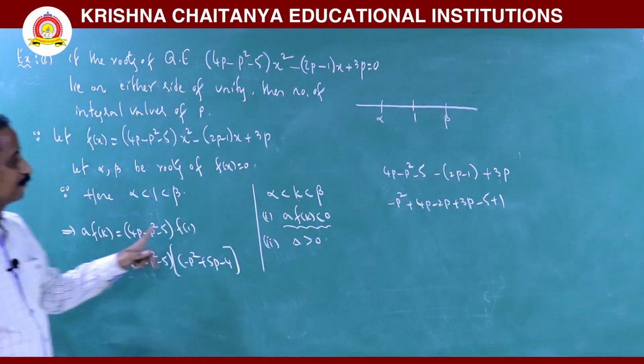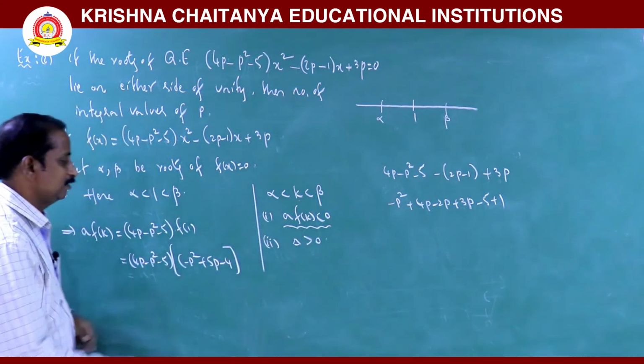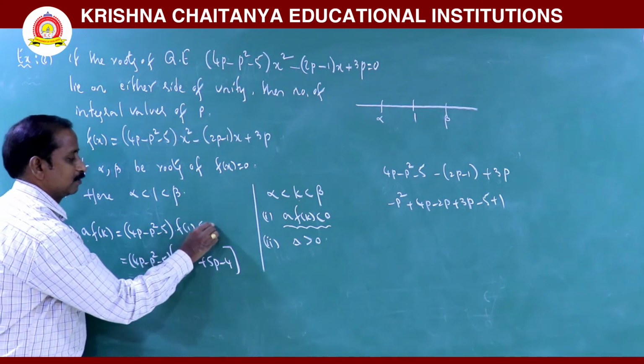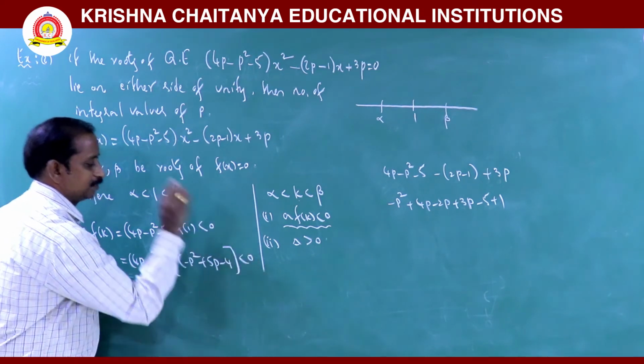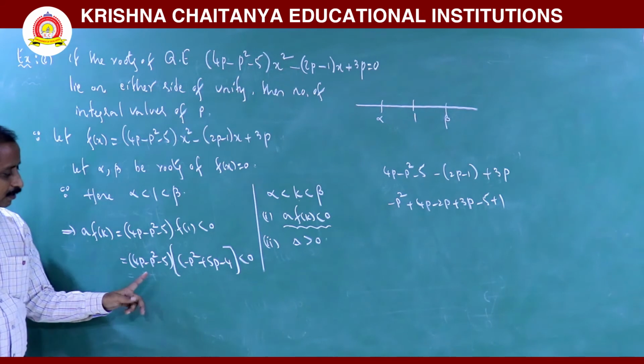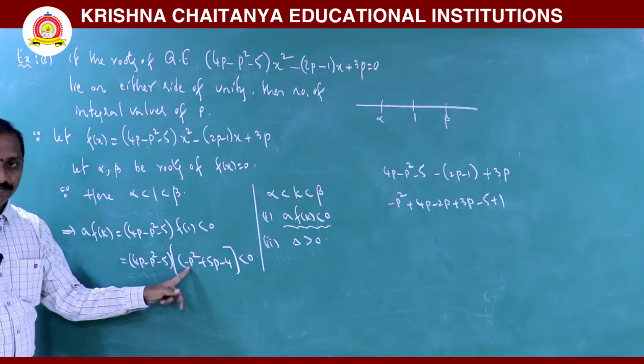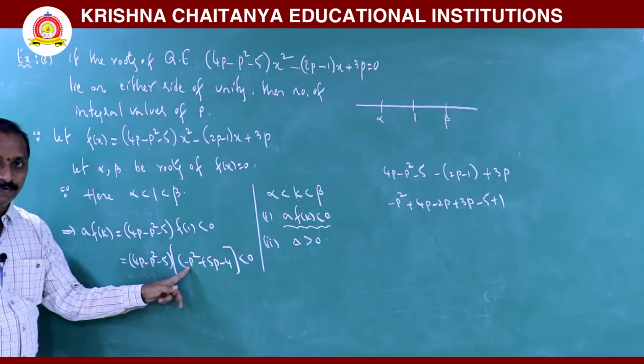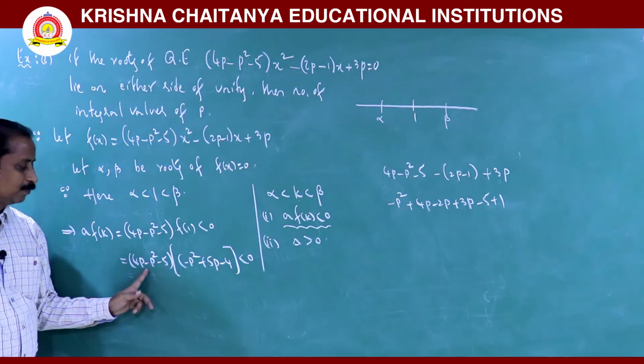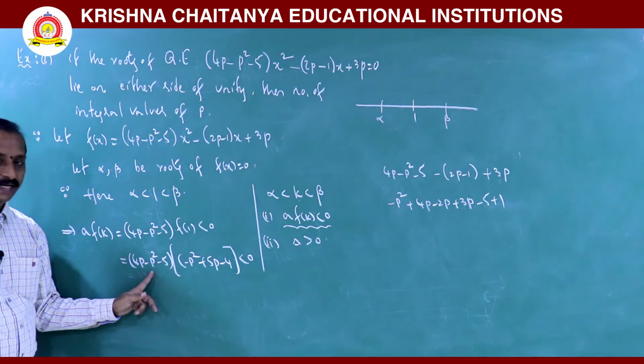So a into f of k is less than 0. Here the leading coefficient is negative, and here also the leading coefficient is negative. Make them positive by multiplying both by minus 1.